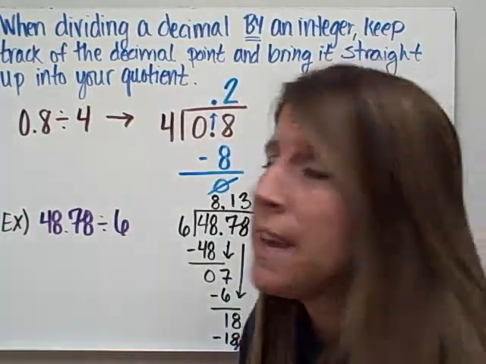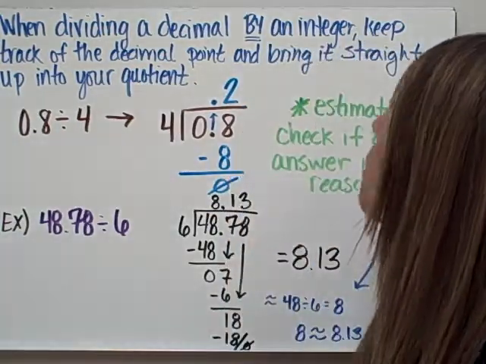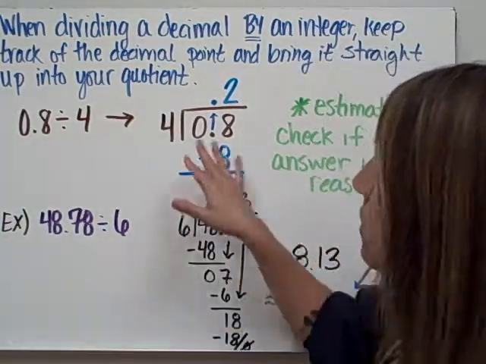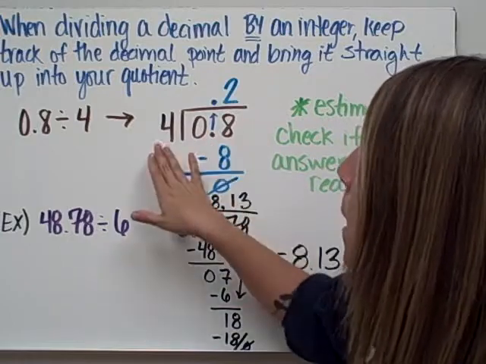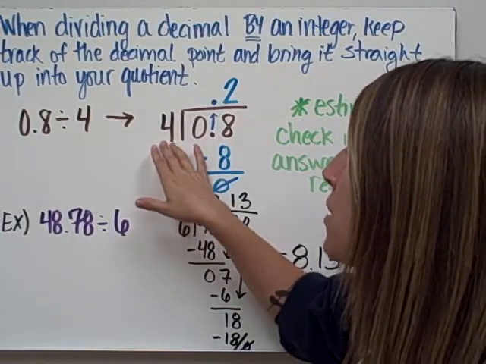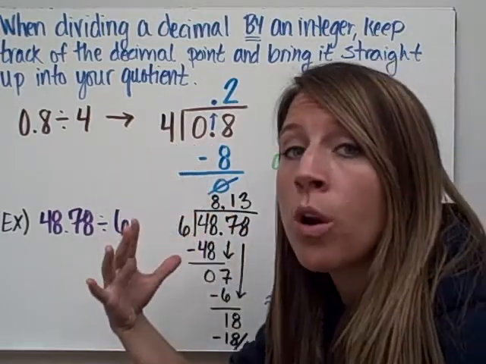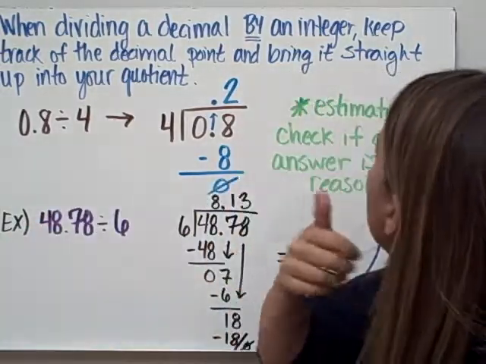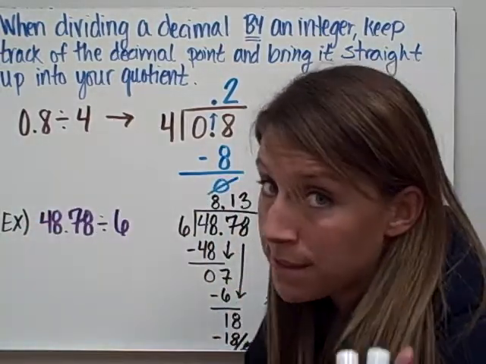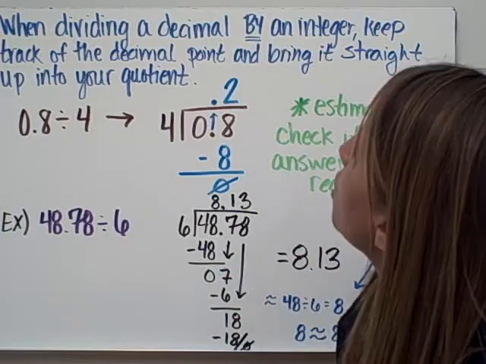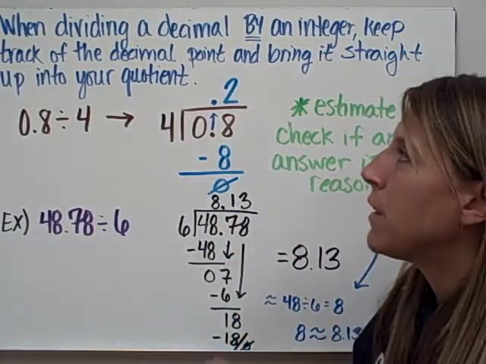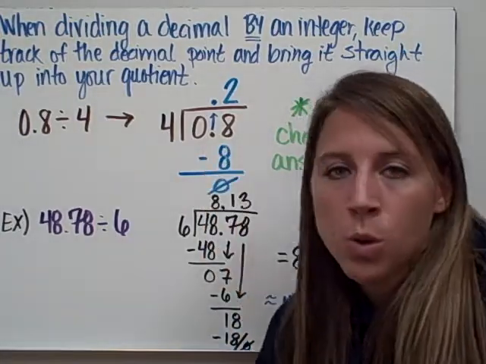So procedurally, when we're dividing a decimal by an integer, that means if we're dividing any kind of decimal number by an integer or a whole number or its opposite, remember we don't divide by 0. You want to keep track of the decimal point and bring it straight up into your quotient.